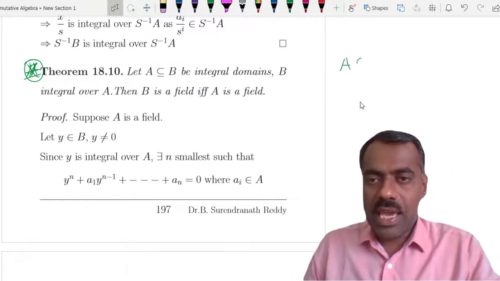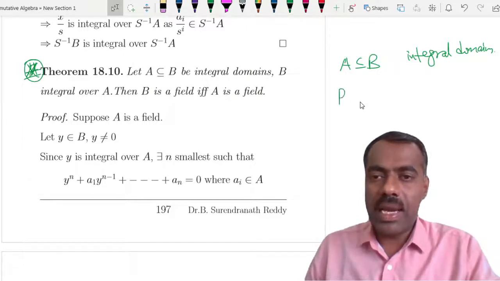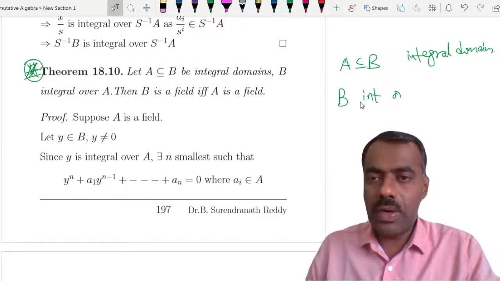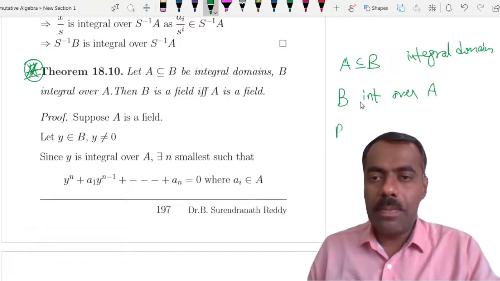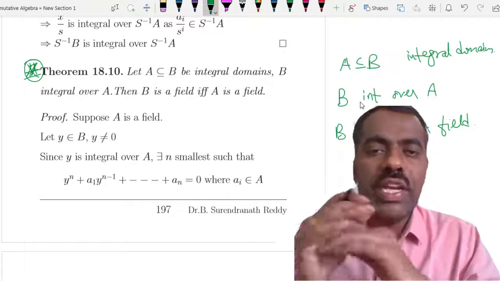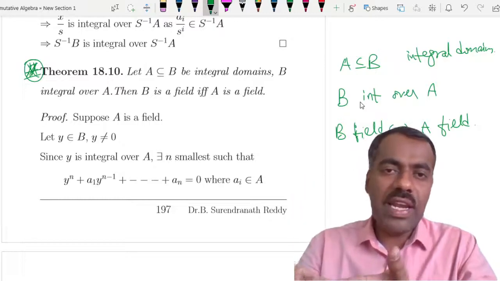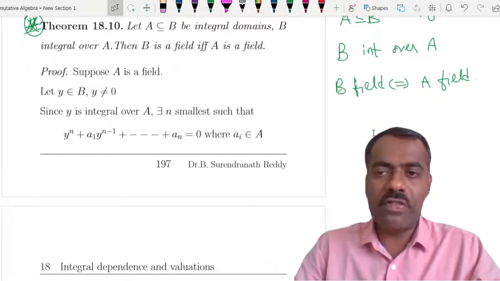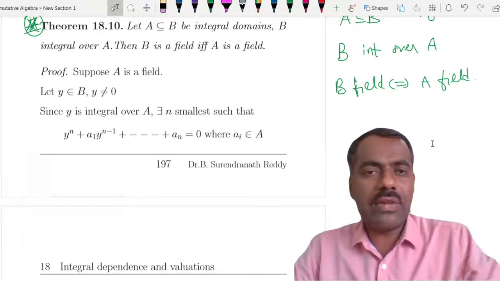Suppose A is a subring of B and both are integral domains, and suppose B is integral over A. Then B is a field if and only if A is a field. So whenever two integral domains are there and B is integral over A, if one is a field, the other one has to be a field. Again, the proof is not at all difficult, but straightforward.